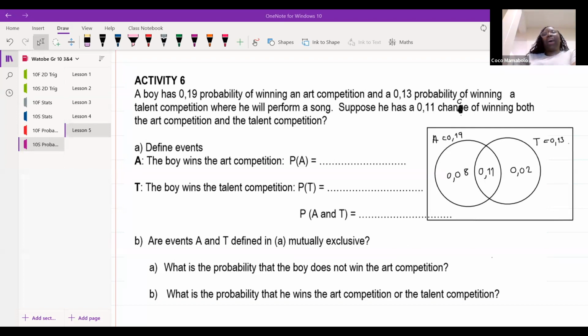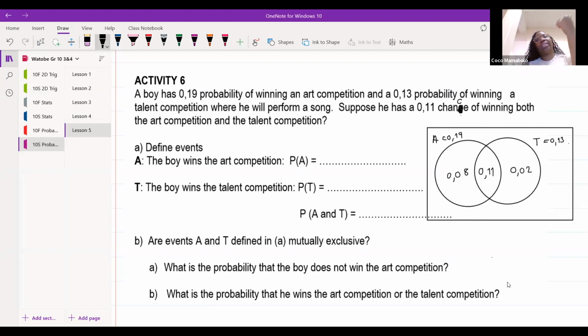Okay, cool. But like we said, guys, the probability of anything altogether must equal 1. So we need to add up all of these probabilities, and whatever's left over goes outside of our circles.